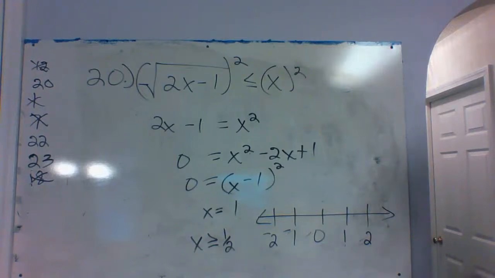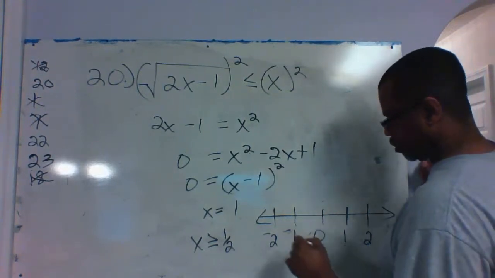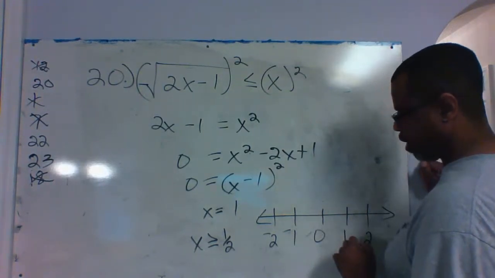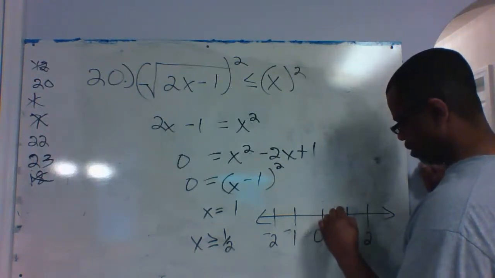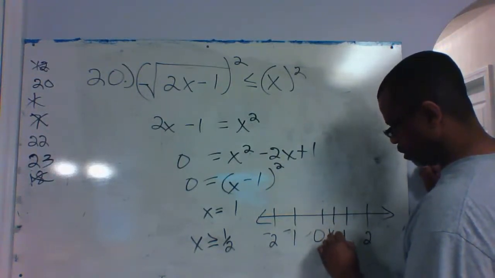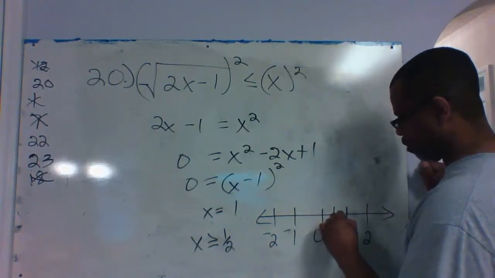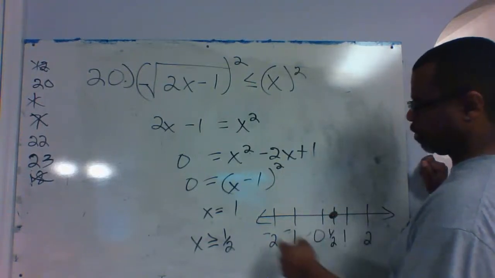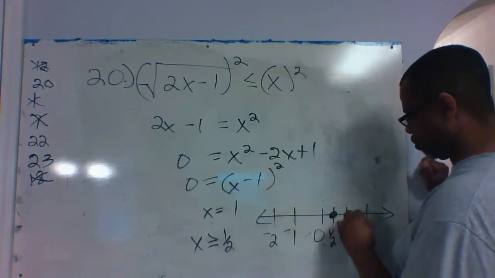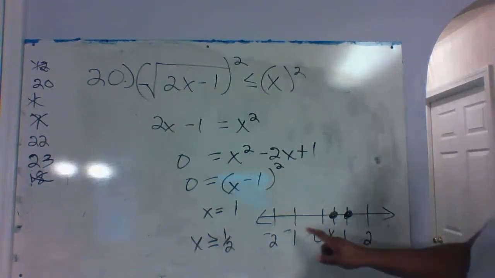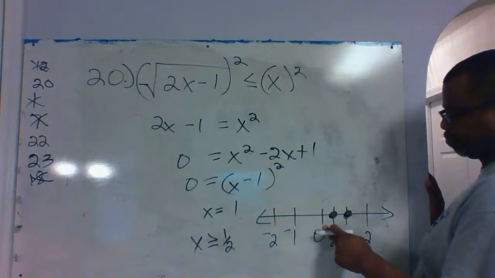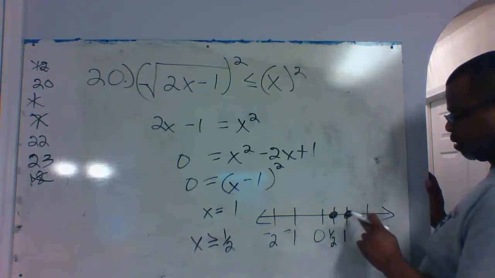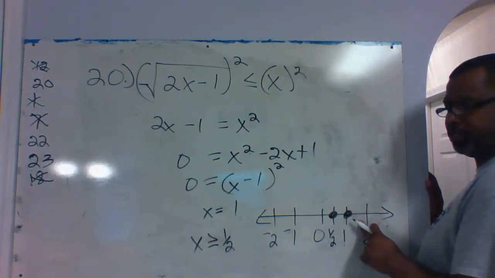Okay, so we're going to put a closed circle around 1.5. So we'll go here, say this is about 1.5, and put a closed circle here. Then we got 1, and we'll put a closed circle here. So we got to pick a point on the left side, pick a point on the right side, and pick a point in between to see which way we're going to shade.